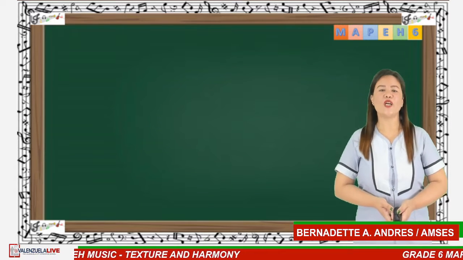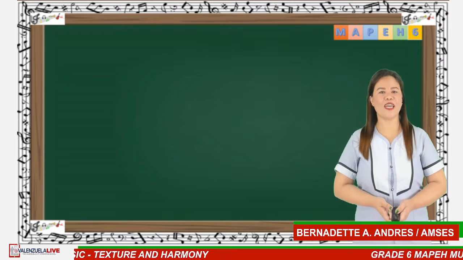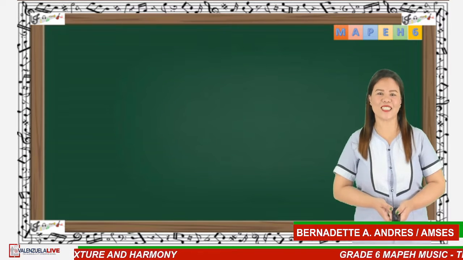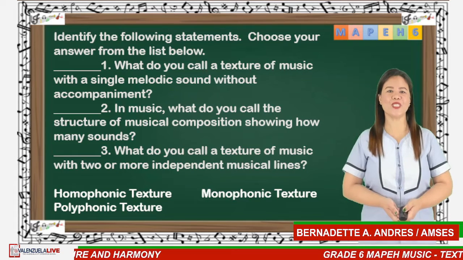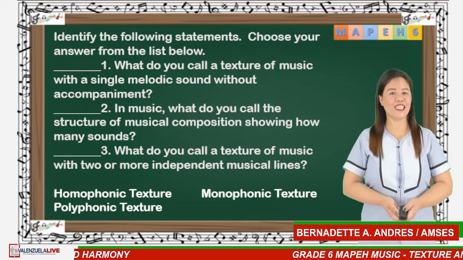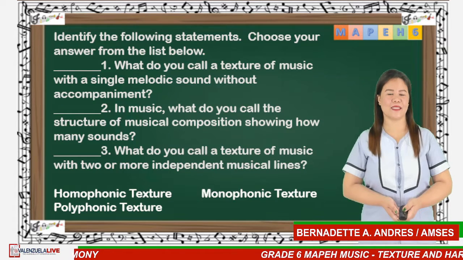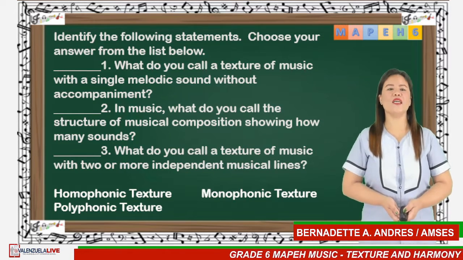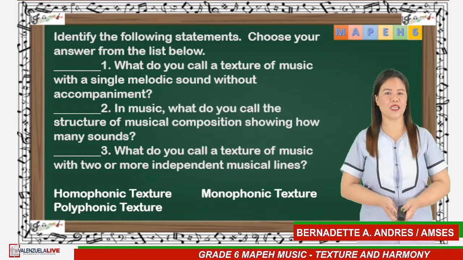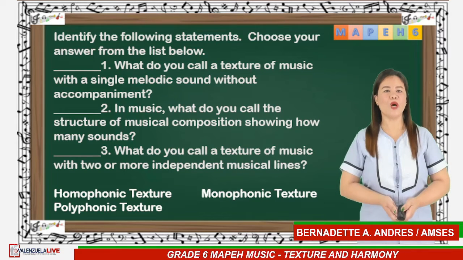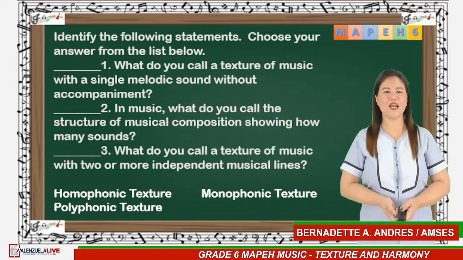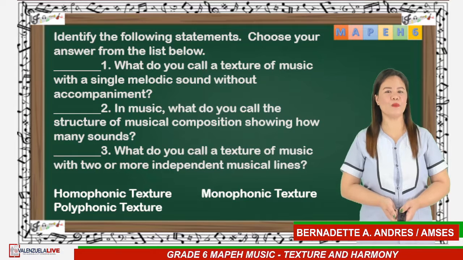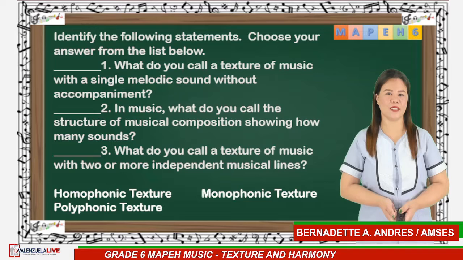If yes, great job! Let us find out if you really understand our lessons. Answer the following activity by typing your answer in the comment section. Identify the following statements. Number 1, what do you call a texture of music with a single melodic sound without accompaniment? Number 2, in music, what do you call the structure of musical composition showing how many sounds?